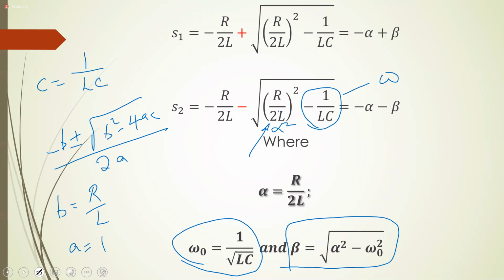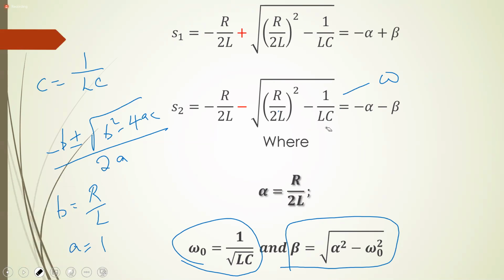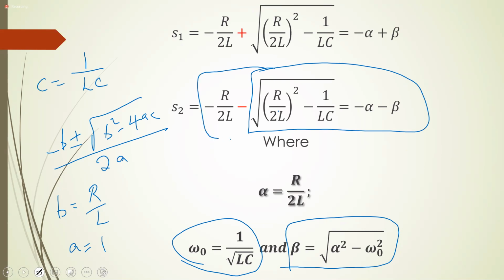So in writing it in this form, all we're doing is bringing everything within the square root sign. If a is 1, then we're dividing everything by 2. So it will be b over 2, so it will be minus b over 2, which is minus R over 2L. All right, so that's where we get that from.